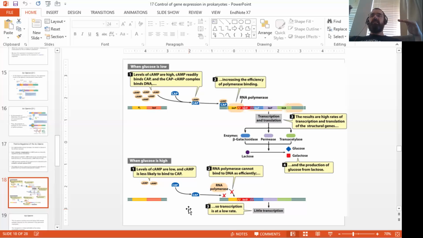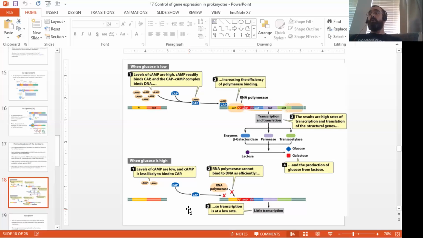So then glucose levels are going to start dropping and cyclic AMP start rising, and then you get more expression from the lac operon, right? So as long as lactose is present, and that's the key, you can get this kind of balancing act, to be able to precisely match as best as possible the expression of the lac operon to the production of glucose.